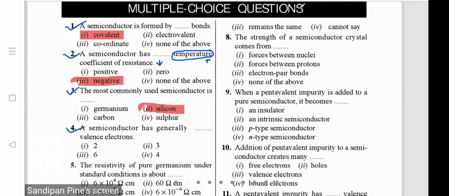Four. All semiconductors are group 4 materials, so they have valency 4.